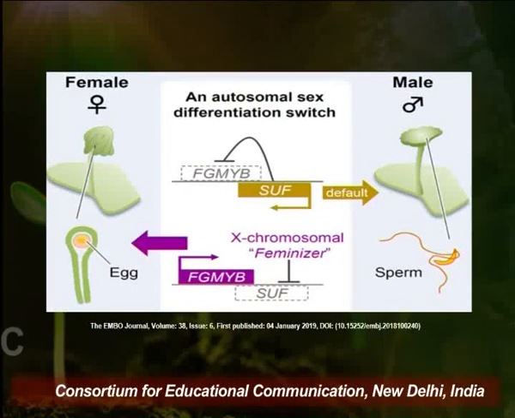On your screens you can find a very interesting picture which summarizes the origin of maleness and femaleness. As you can see, the FGMYB gene is being controlled by an antisense gene which is SUF, and when SUF is present, then this gene is not working, and this is the default, and as a result you will find the male being produced.